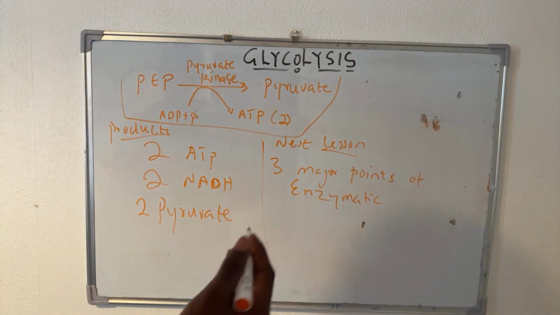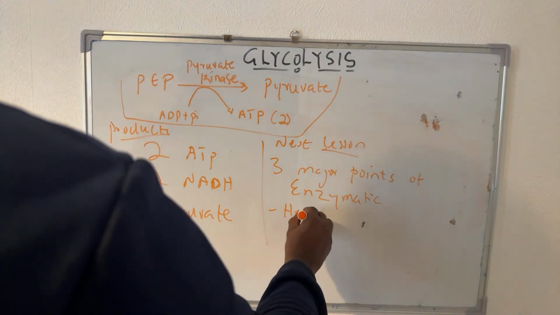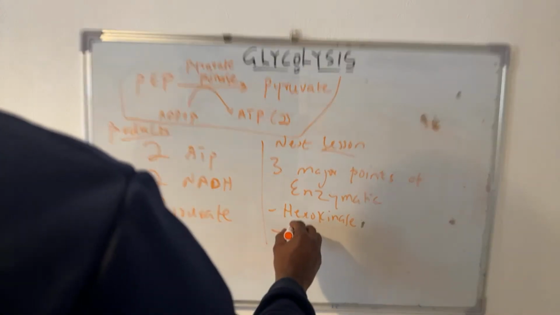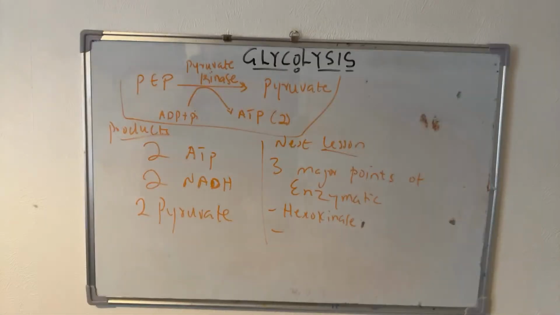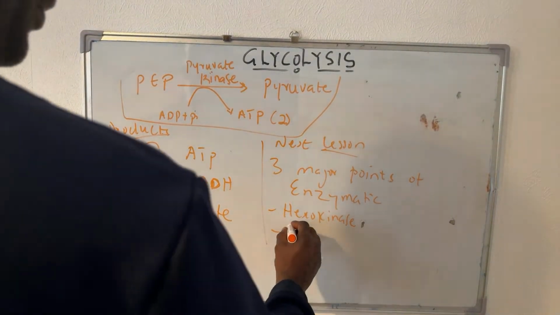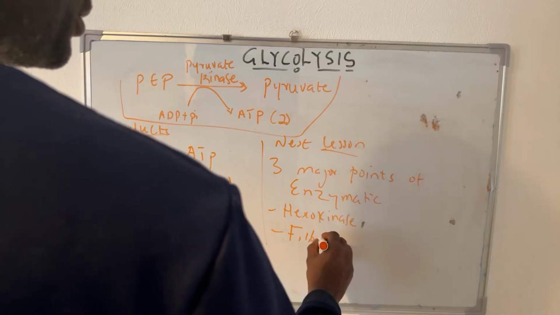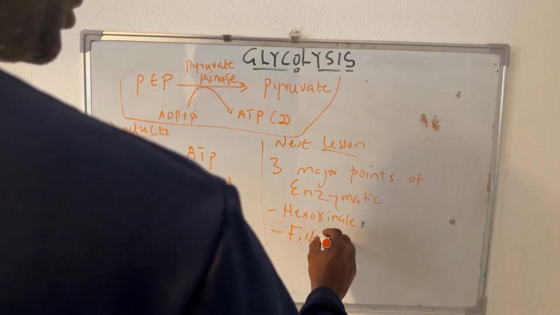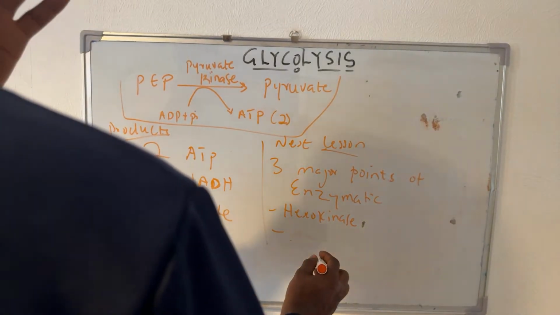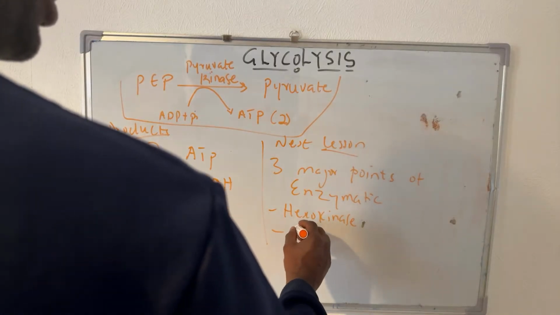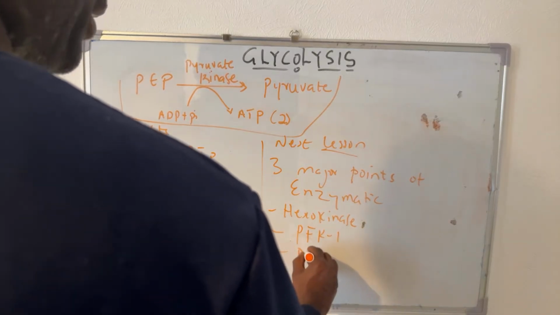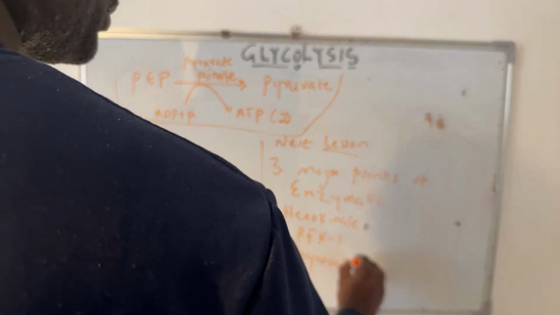Those ones are irreversible, where we have the hexokinase, and the fructose 1,6, that is PFK to make it easy for us, phosphofructokinase 1, and then we have the pyruvate kinase.